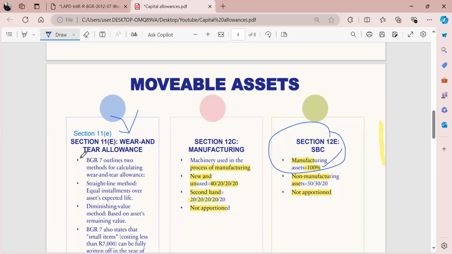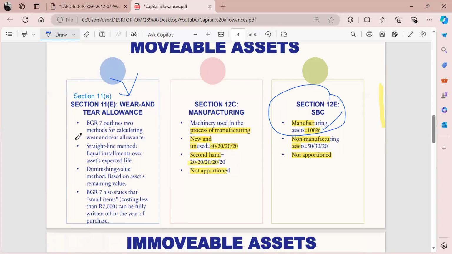So that's just one thing to take note of. An asset can qualify for both wear and tear and Section 12C, or for both wear and tear and Section 12E, and you always need to elect the best capital allowance for your taxpayer, right?